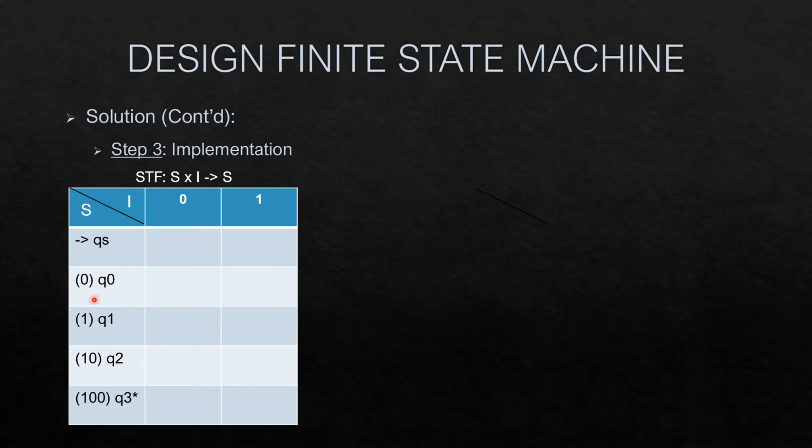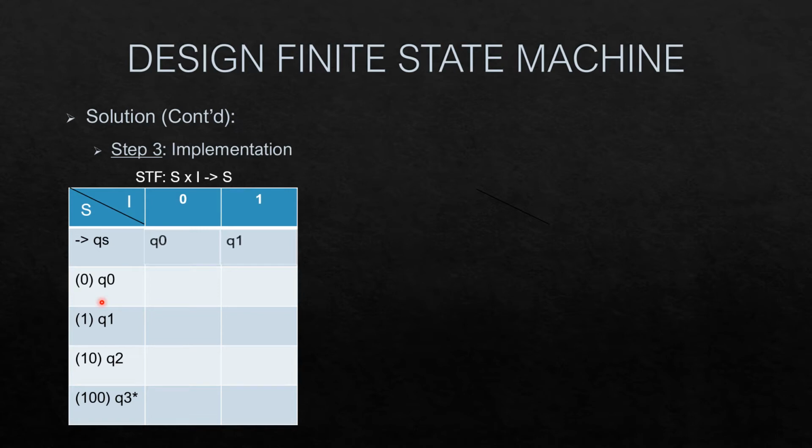So here Q0 representing 0 is nothing but for our understanding of how this transition table, or the altering of the states, should work. So let's begin. When we are in Qs state, the first symbol if I am getting is 0, I should move to Q0 state. If I get 1, I should move to Q1 state. Now when I have reached Q0 state, and my previous bit scanned was 0, and the next input that I am receiving is 0, then it becomes 0 0.